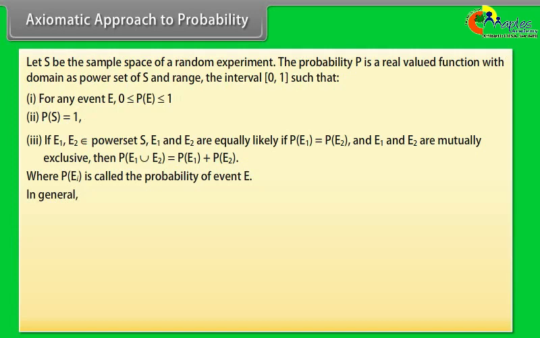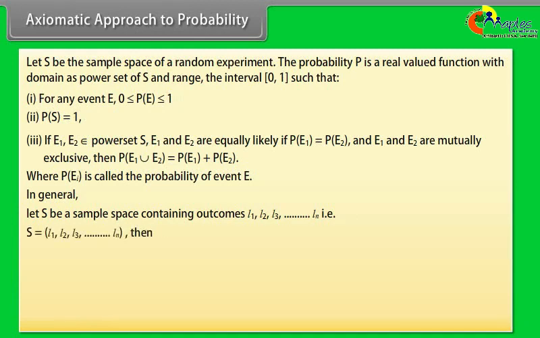In general, let S be a sample space containing outcomes L1, L2, L3 up to Ln, that is, S is equal to {L1, L2, L3 up to Ln}.